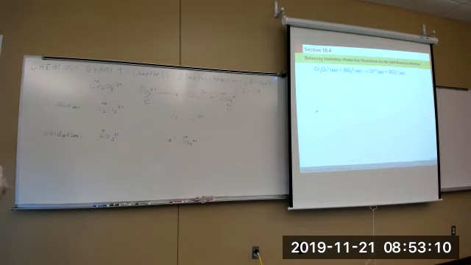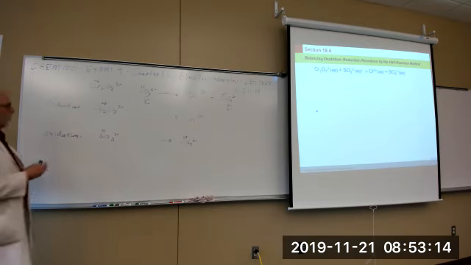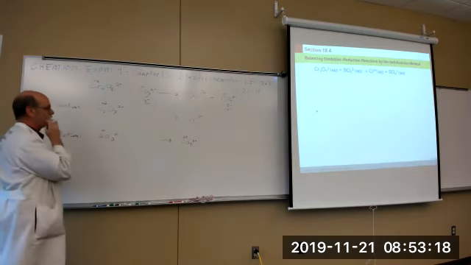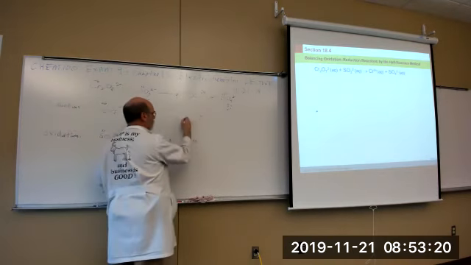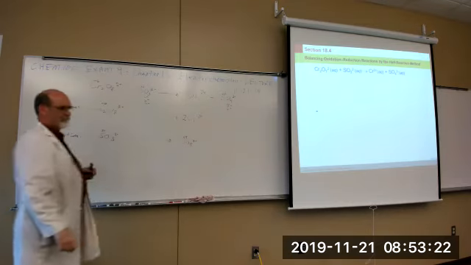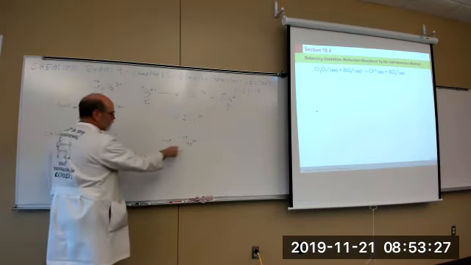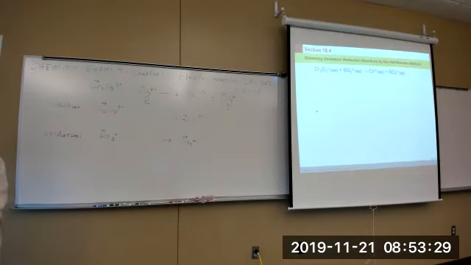Balance all the elements except for oxygen and hydrogen. Right? So, we've got 2 chromiums here. We need 2 chromiums over here. That's it for that. We've got 1 sulfur here, 1 sulfur there. It's already balanced for sulfur.